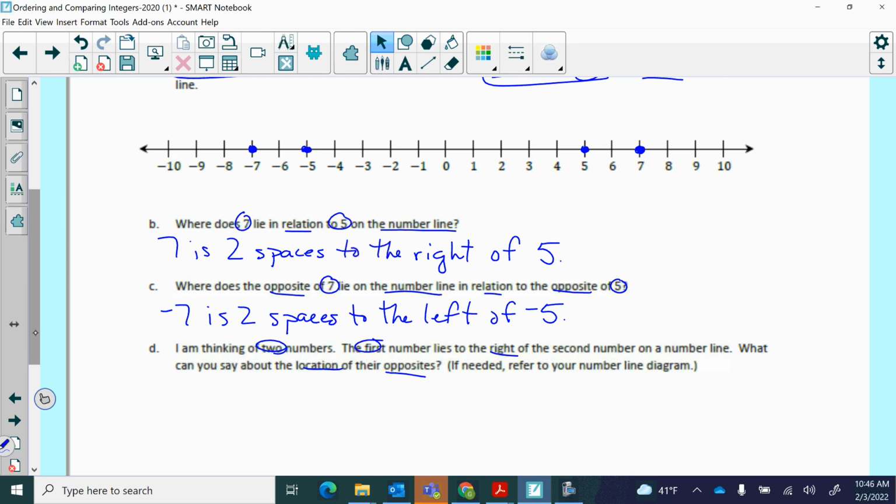Awesome. I actually like that additional piece you put in there. Will the number of spaces between them change? No. All that's going to change is now to the left. So the opposite will be the same number of spaces away, but to the left.